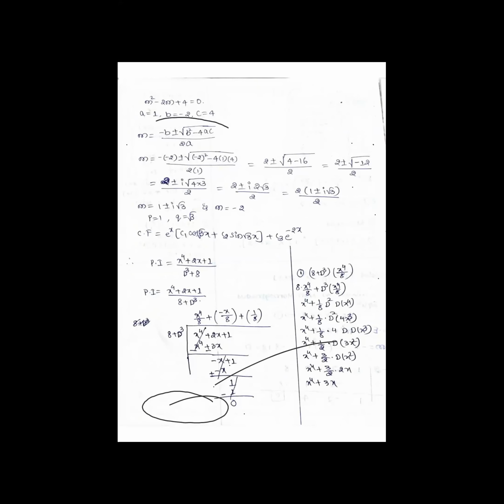Substituting the ABC values, I get the roots 1 plus or minus i square root of 3, and one more root I got at the beginning, because for a cubic equation we get 3 roots. So this is a complex root, and this is a real root.